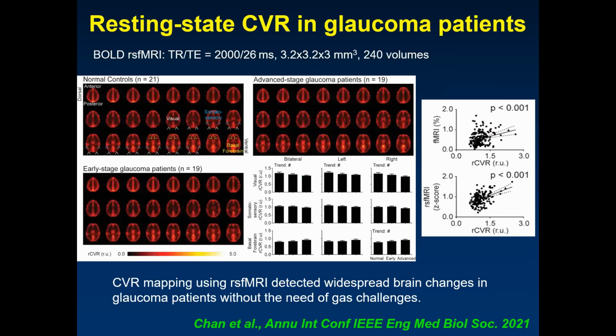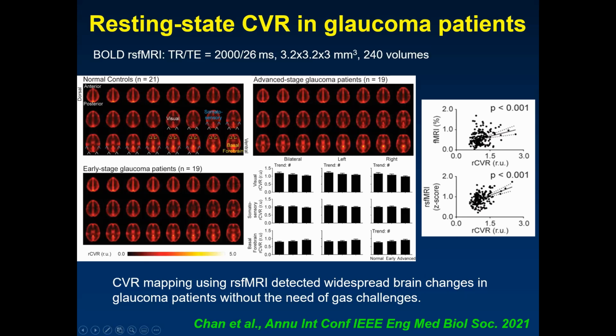And our collaborator at NYU also applied this technique in a group of patients with glaucoma. They studied normal controls, early stage glaucoma patients, and advanced stage glaucoma patients. They found that the resting state CVR in the visual cortex and basal forebrain showed a trend of group difference, where the patients had lower CVR values than the controls, and advanced patients had lower values than the early stage patients.